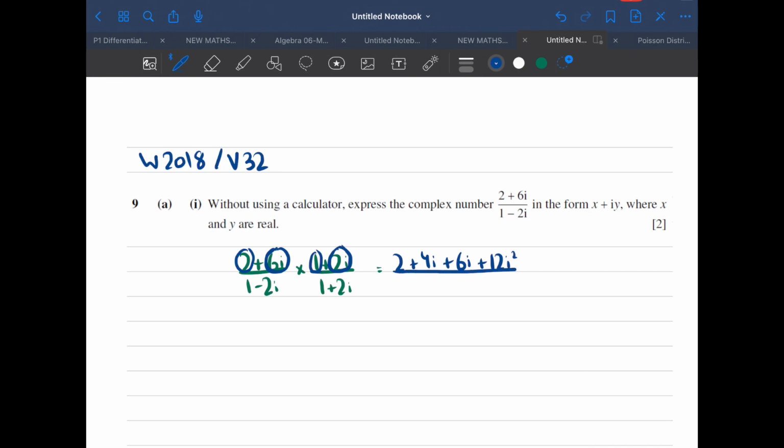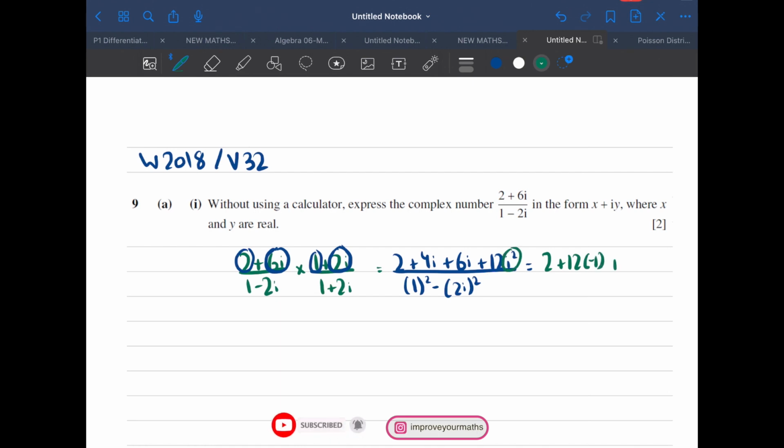1 minus 2 iota and 1 plus 2 iota will become 1 square minus 2i whole square. Now, guys, it's going to become 2 plus 12i square, becomes what? Minus 1 plus 10 iota divide by 1 minus 4i square.